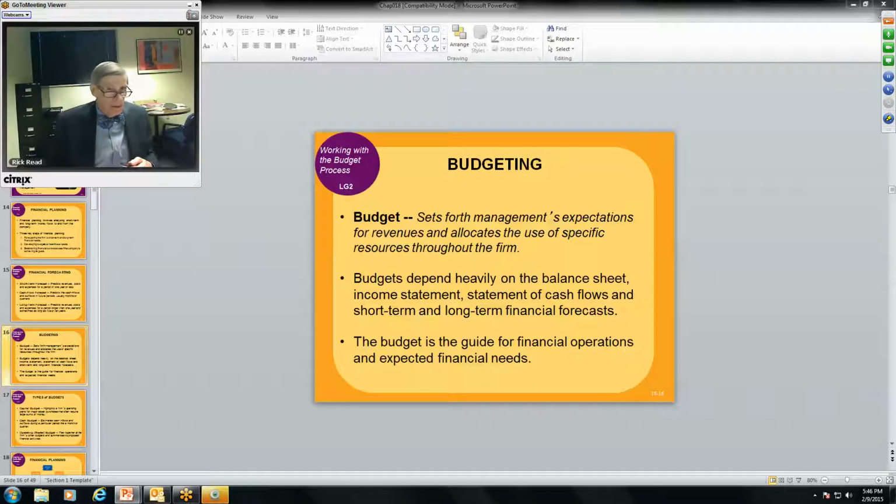It tells us what we expect to go out. And then we have to have an accurate balance sheet because the budgets are developed off of the balance sheet, income statement, and statement of cash flow for both our long-term and short-term needs.